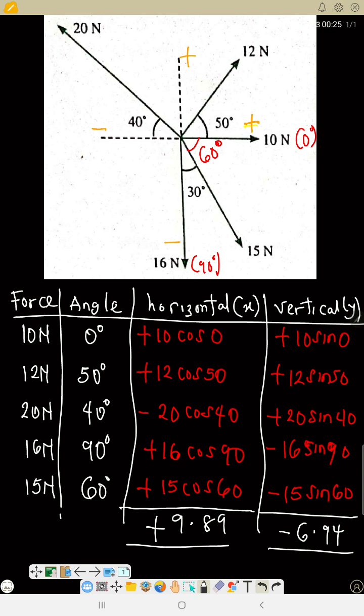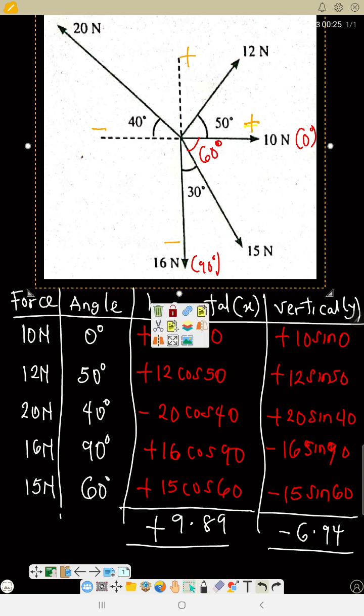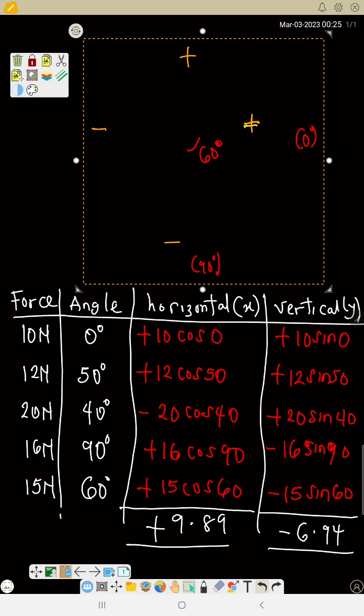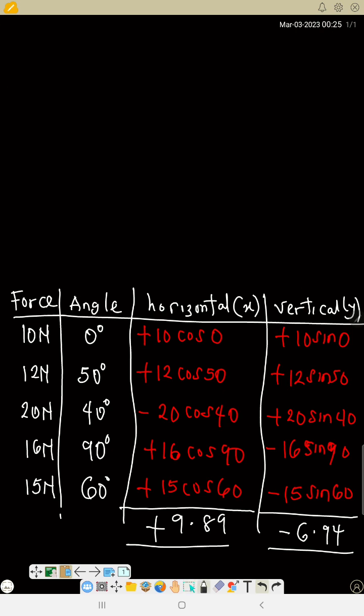Now, how can we get our resultant? You draw your cardinal points. Remember, any force here is plus, plus, minus, minus.